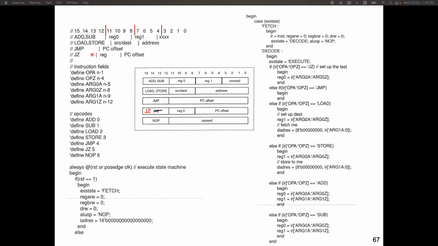And jump: the program counter's offset. If a jump occurs, then the program counter will jump by an offset, and this offset value is stored in bit 11 to bit 0.